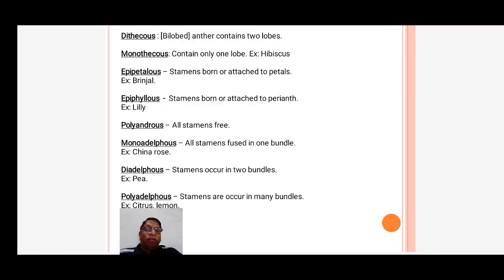Example, hibiscus or China rose. In hibiscus, the stamen consists of only one anther lobe. Such a stamen is called monothecous stamen. Very important for CET or NEET examination.